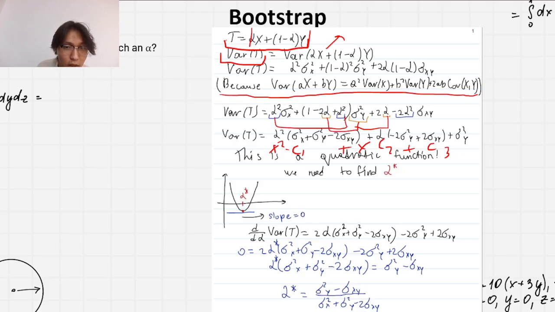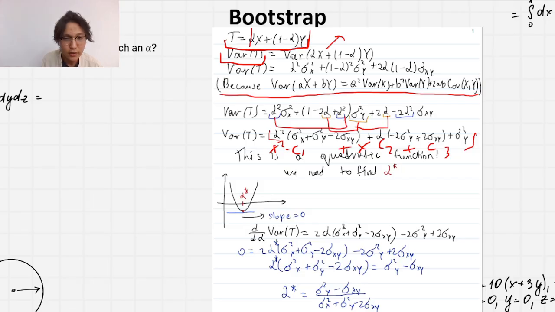And then we can see that for the quadratic function, the point where the slope of the graph is 0 is actually the minimal point. So we can use the first derivative on this equation.